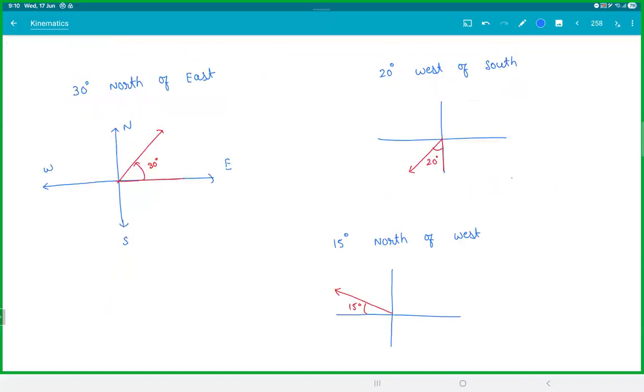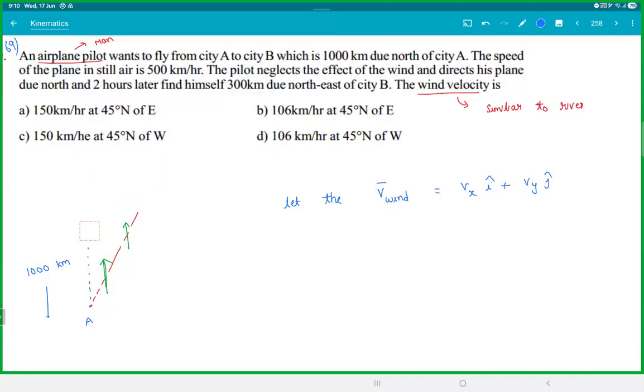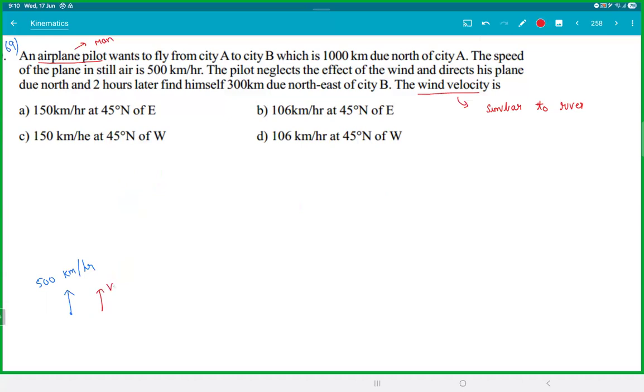So then what would happen? If the wind velocity is this, and if you look at the plane, the plane is trying to go straight with what speed? 500 kilometers per hour. And what did your wind do to you? The wind is also pushing you forward with Vy and horizontally with Vx.